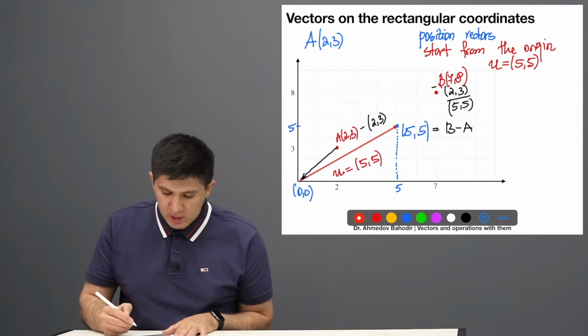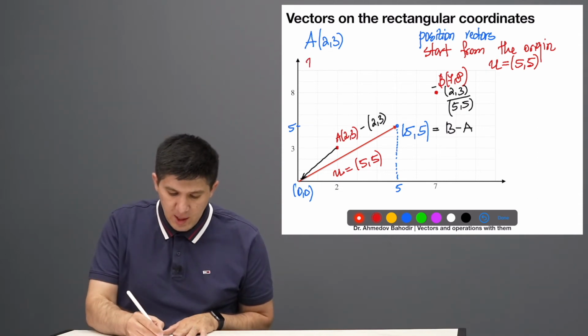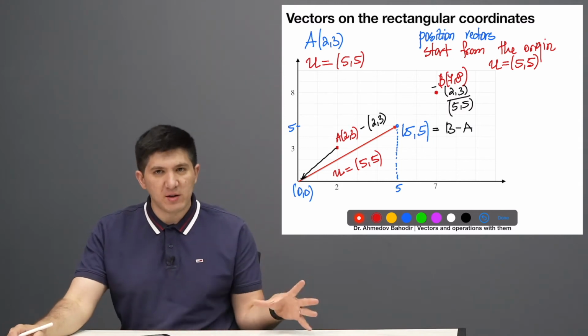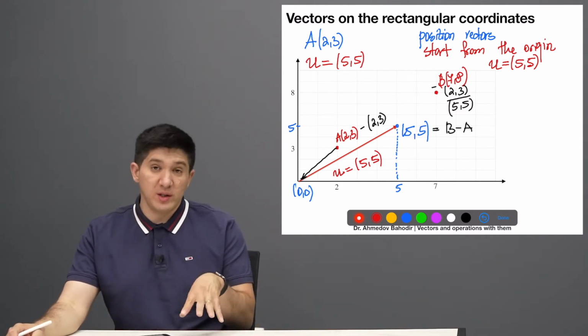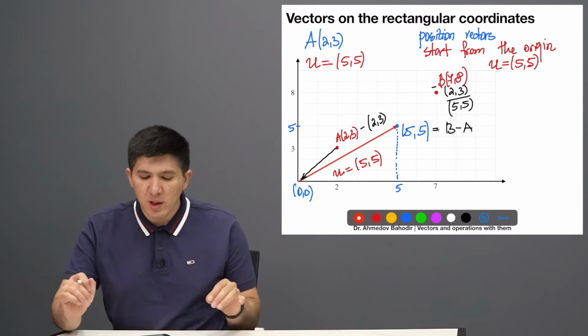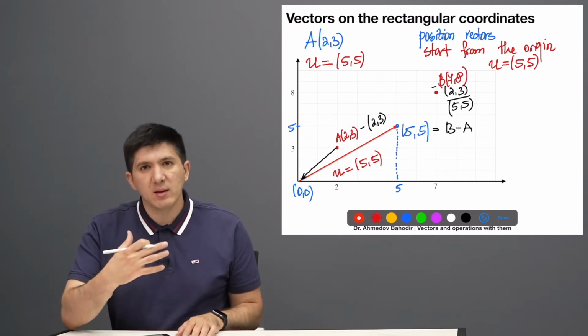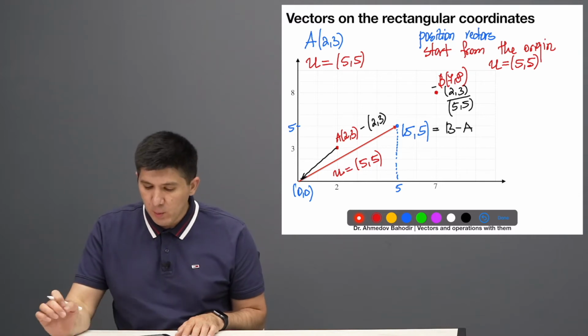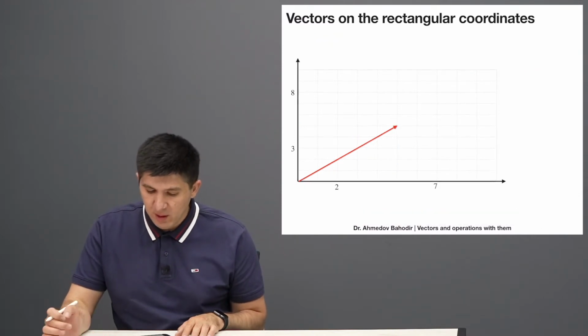Whenever I denote a vector, I write u equal to (5, 5). In general we use n-tuples, but the only difference in notation is this equality sign.